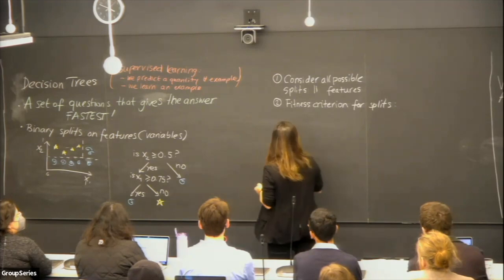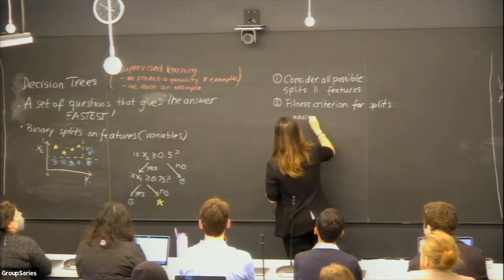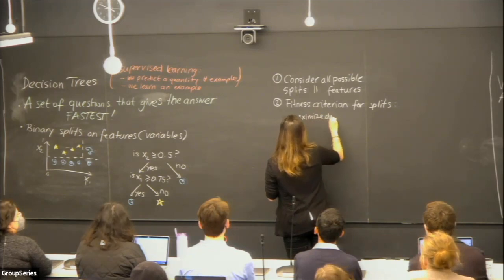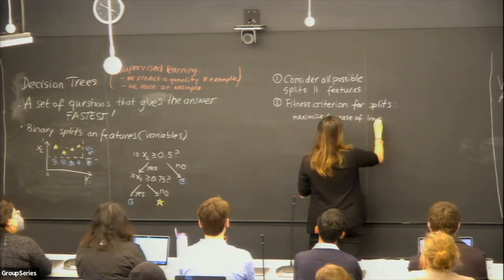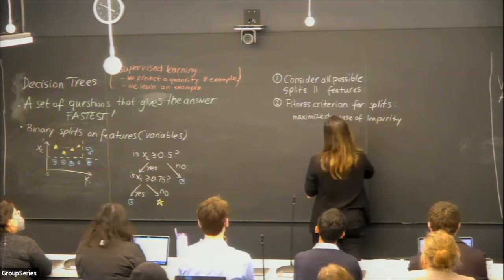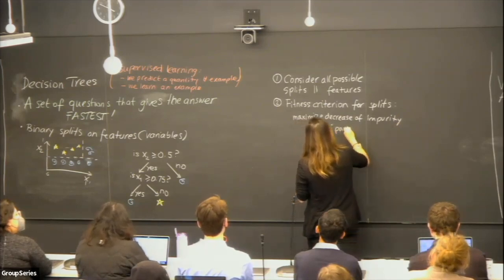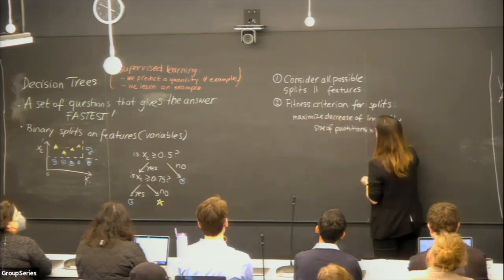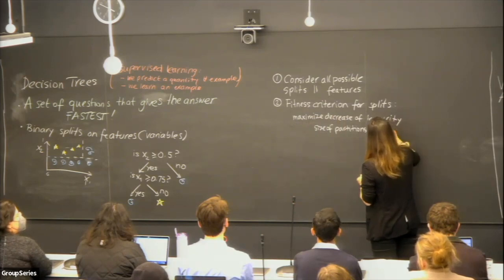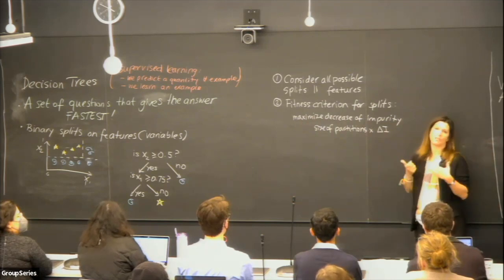So the idea here is that we want to have splits that maximize the decrease of impurity. And this is basically the product of the size of partitions times, let me call it delta I, the purity of the resulting splits.